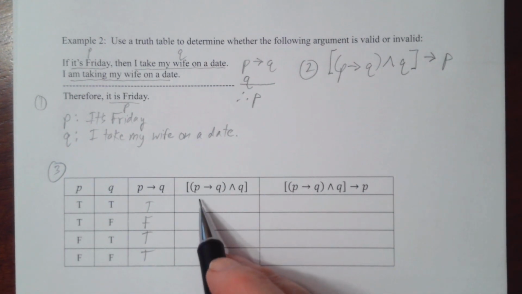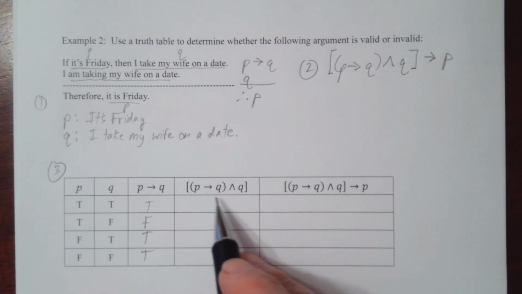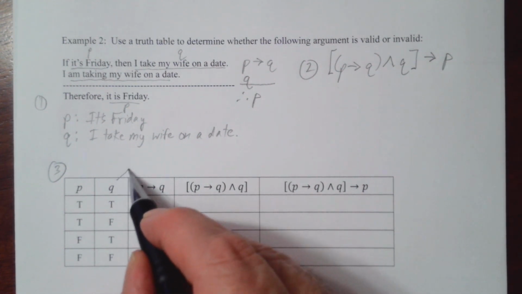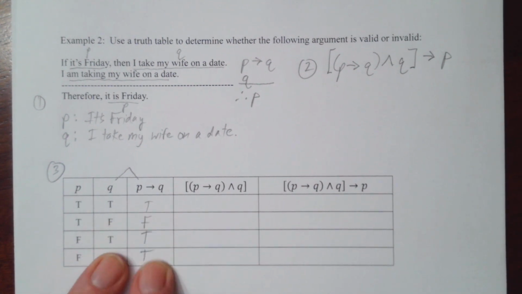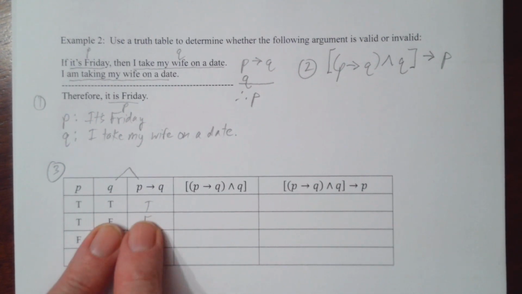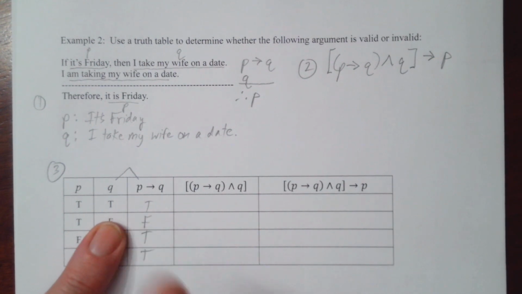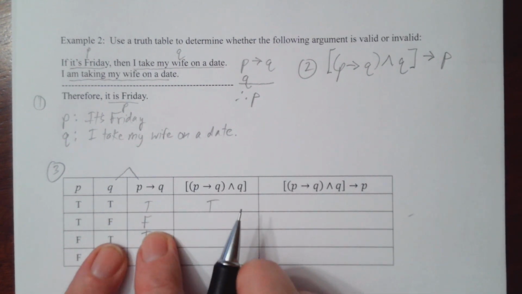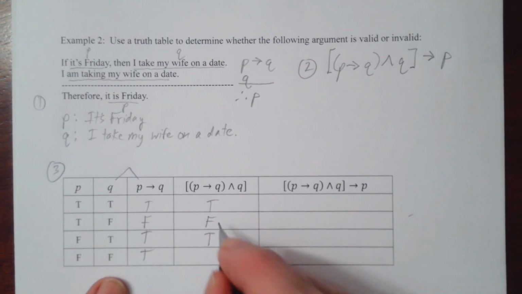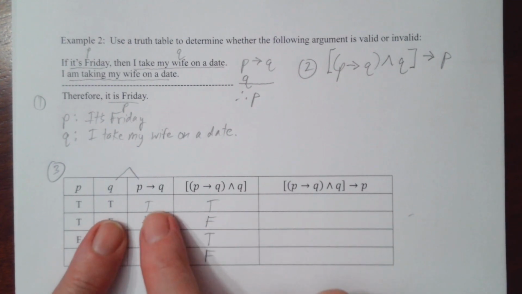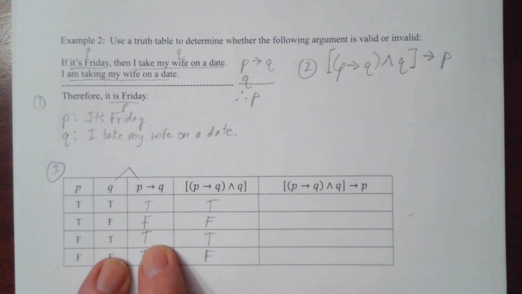And then we want to know if this and statement is true or false. So we're basically doing Q and this, so these two statements here. Now remember, we're only looking at these two columns. An and statement is only true when both statements are true. So here we have true, true. And here we have true, true. In the other cases, you don't have them both true. So there's two cases where we're true.